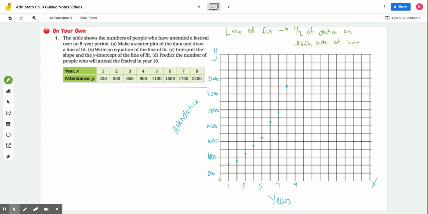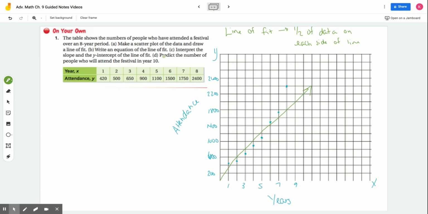So I need to find that happy medium. This is not an exact science, but I can try to get my data split kind of evenly there. Again, this is not a straight line, and I know that, but we're doing the best we can here. You can see that I have 4 on one side and 4 on the other. Remember, splitting that data in half.